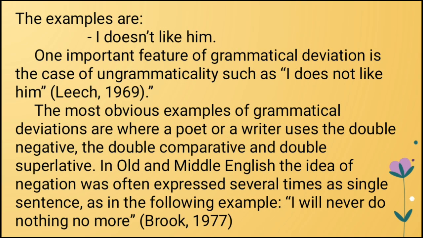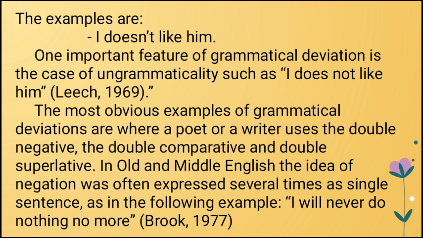The first example is I doesn't like him. In this example, it's grammatically incorrect, because of the usage of the word doesn't. It should be don't, the contraction of do not.